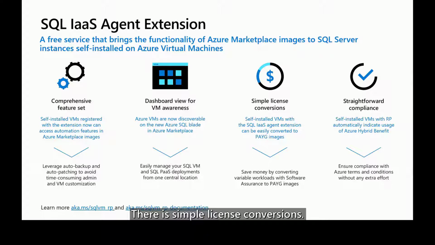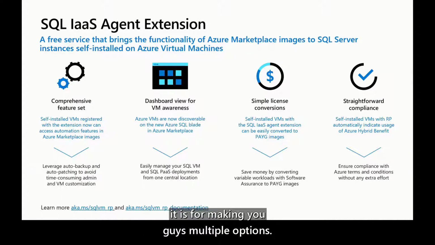There are simple license conversions. So when you self-install a VM, you understand that the licensing part of SQL Server is extremely tricky. And when I say tricky, it is for giving you multiple options, so you can leverage SQL Server more.